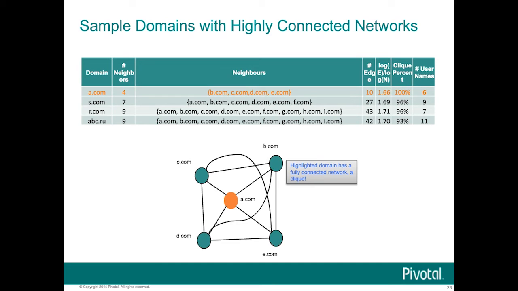There's another column which says the number of users that are accessing this central domain. So for each domain, we can calculate these statistics, that is the number of edges, the oddball metric, and the clique percentage. And once we have this, we rank these domains based on these clique percentages. That means the domains which have very highly connected networks are possible waterhole domains.